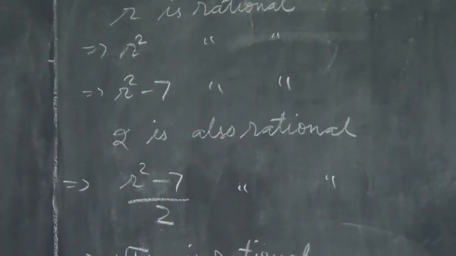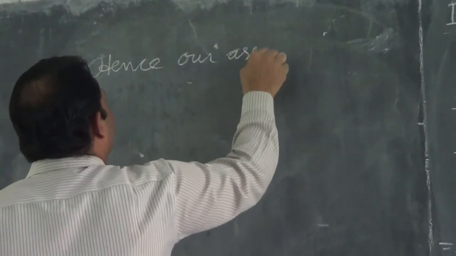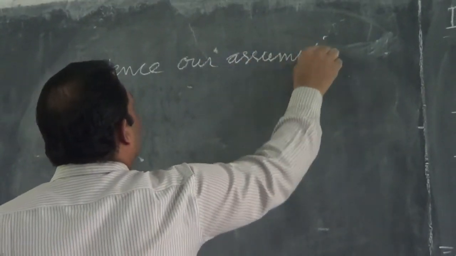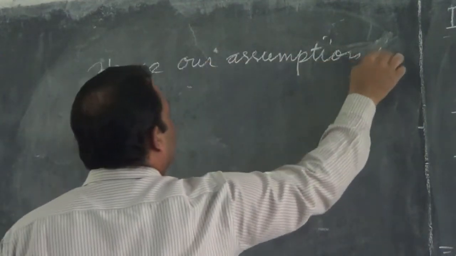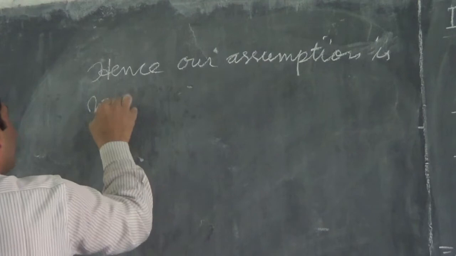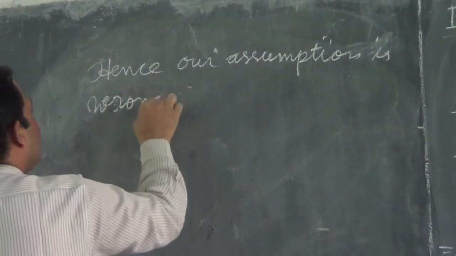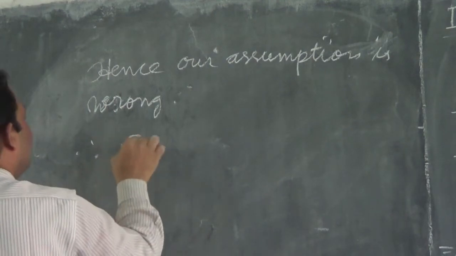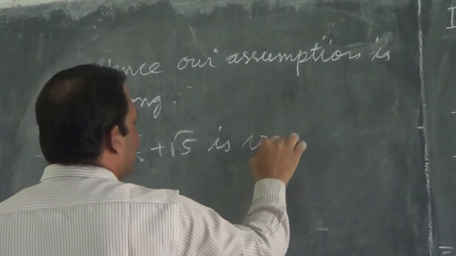Hence our assumption is wrong. So we can write root 2 plus root 5 is irrational.